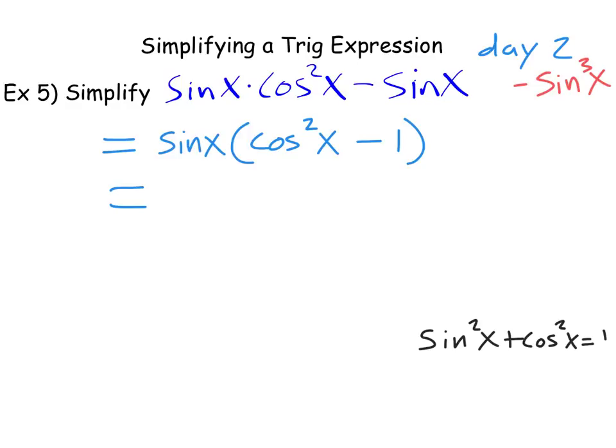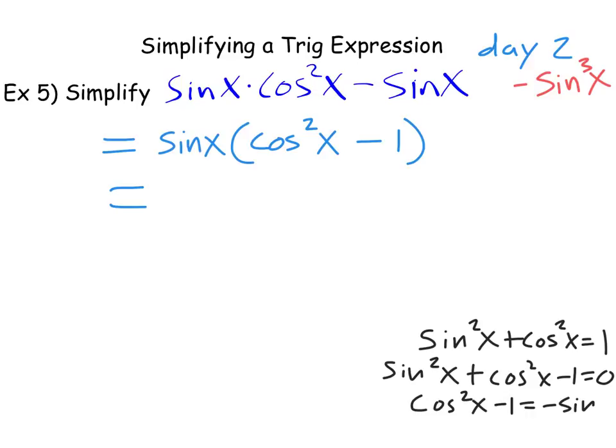Now, if I were to rearrange these terms, because this is something that you're allowed to do, you could take the identity and move stuff around, I could say sine squared plus cosine squared minus 1 is 0. And then if I were to subtract sine squared and bring that to the other side, I would have that. Okay? Now, you don't need to write all that out.